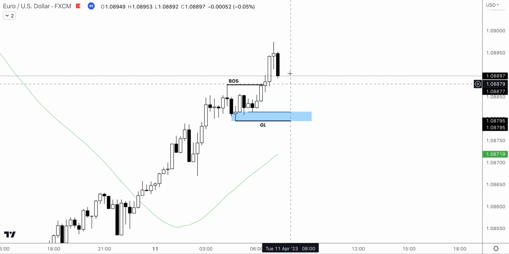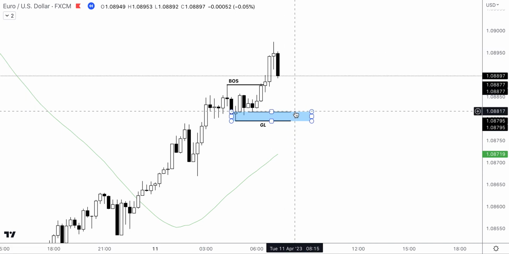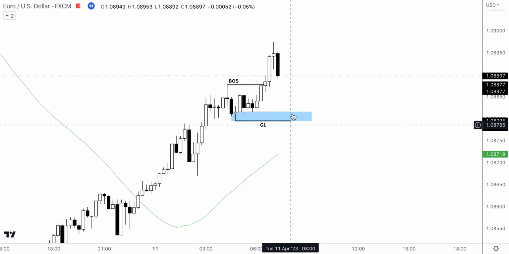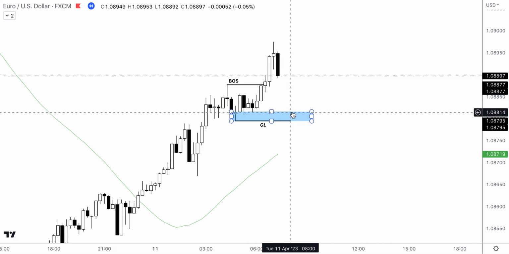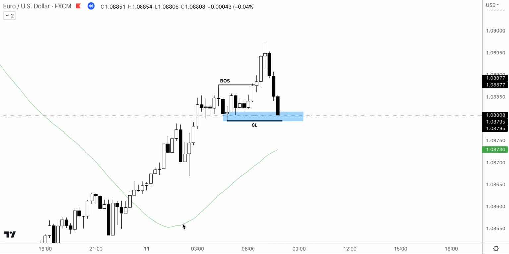I then set a pending alert just above this extreme supply, and once I'm alerted, that's exactly when I want to be entering the markets. When price is at our extreme supply, it's pointless watching the markets if price isn't in your area of interest.